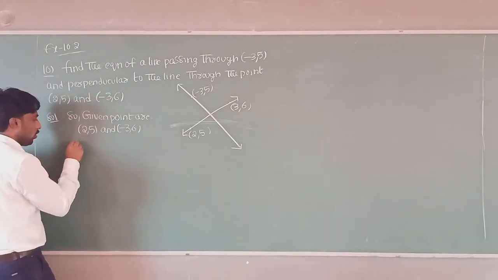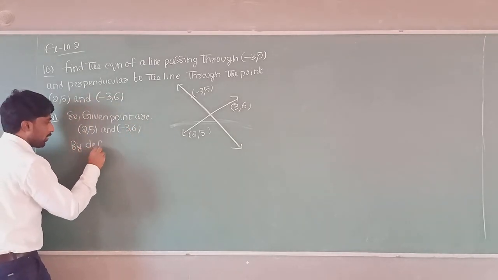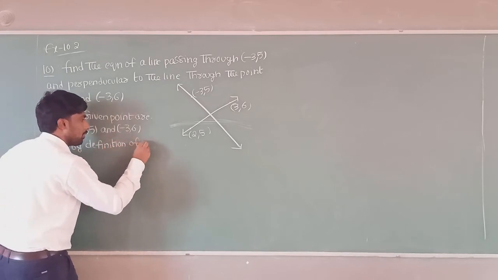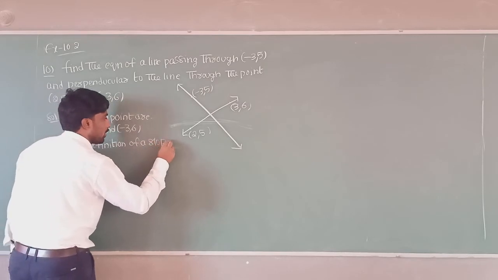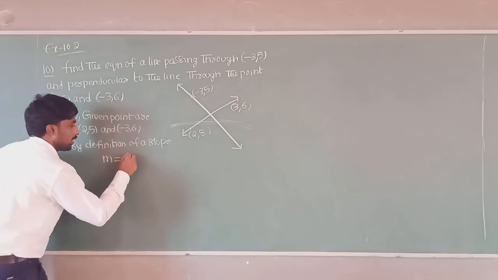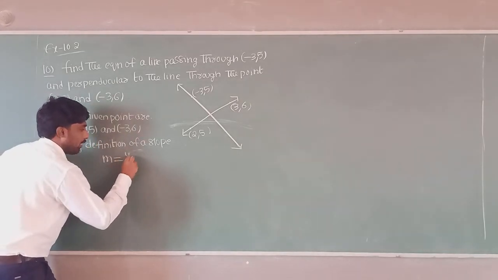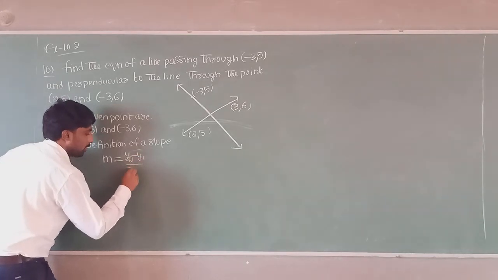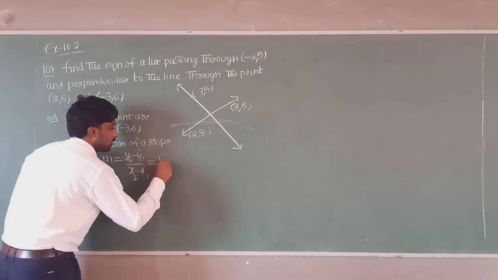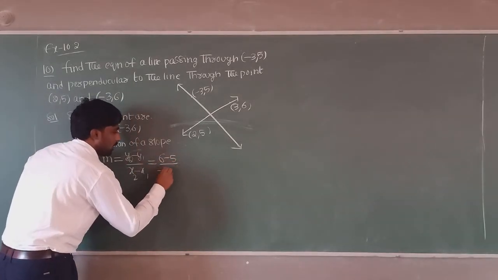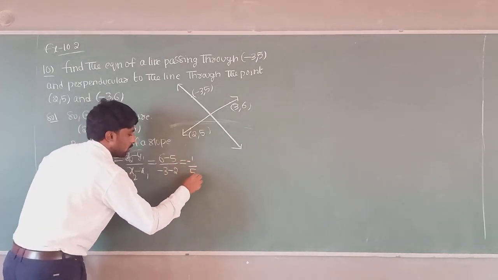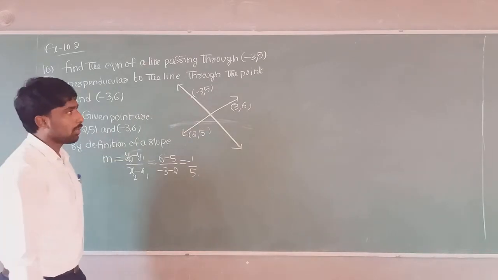By definition of a slope, you take m equal to y2 minus y1 by x2 minus x1. So what is y2 here? 6 minus 5 by minus 3 minus 2. So this one you will get minus 1 by 5. Okay. So this one I am getting minus 1 by 5.